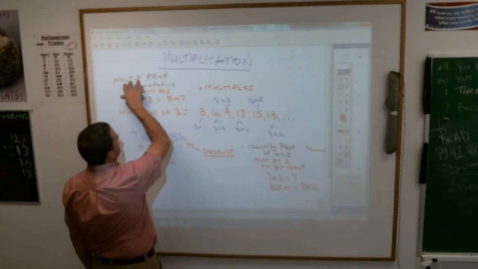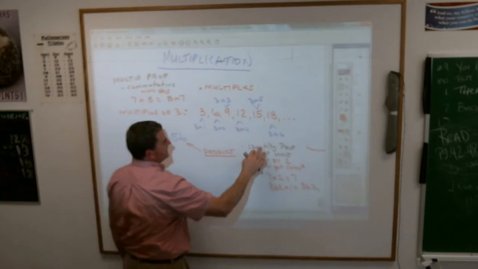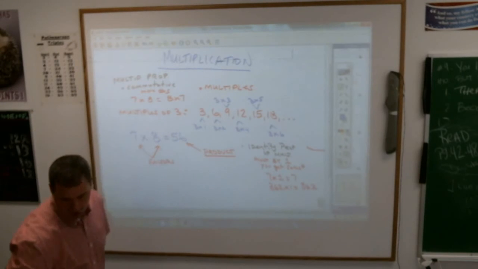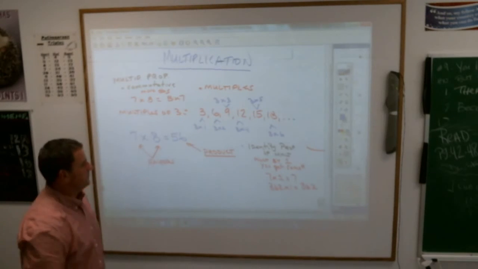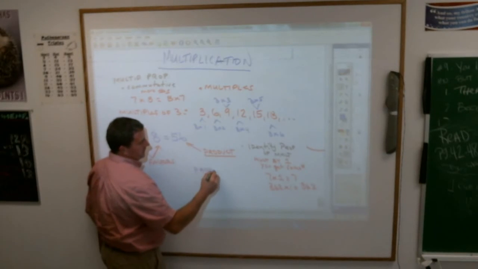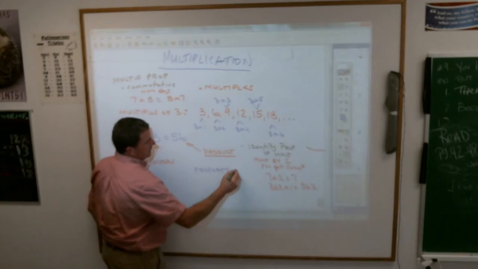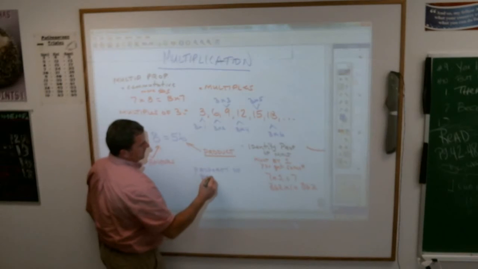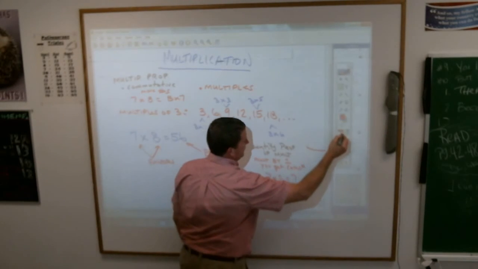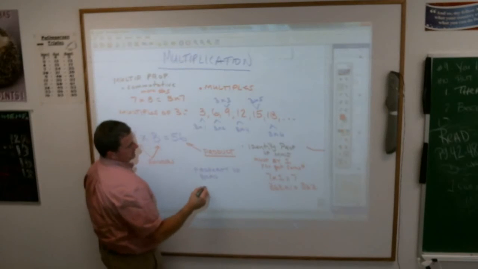Okay, so we've got the commutative property, we've got the identity property, and then we've got the property of 0 for multiplication. And I'll bet you'll be able to figure that out just by its name. The property of 0 for multiplication is what? Anybody want to know? 0. Yeah, anytime you multiply by 0, you get 0.